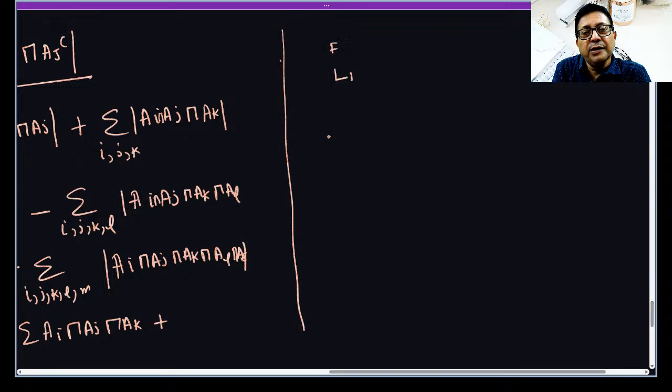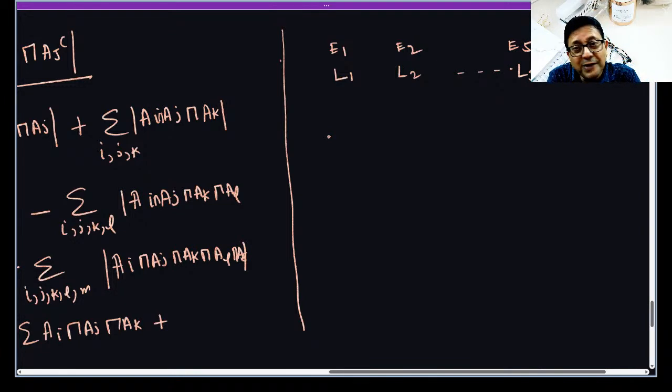Letter 1 envelope 1, letter 2 envelope 2, letter 5 envelope 5, okay. Then your problem is to find how many ways letters can be arranged so that all letters will go to wrong envelopes. Understand what I said? All letters will go to wrong envelopes.